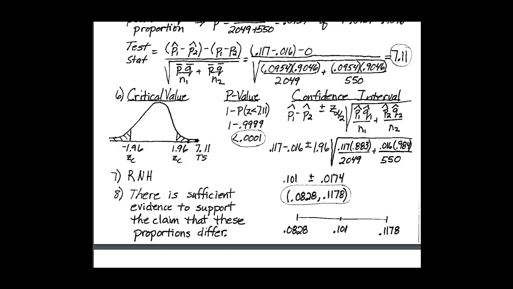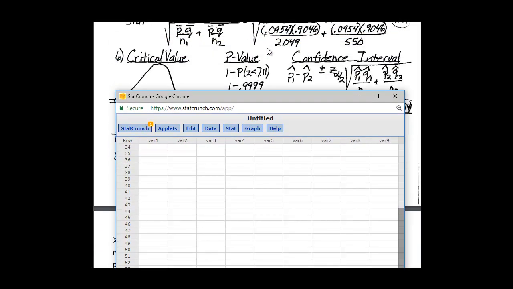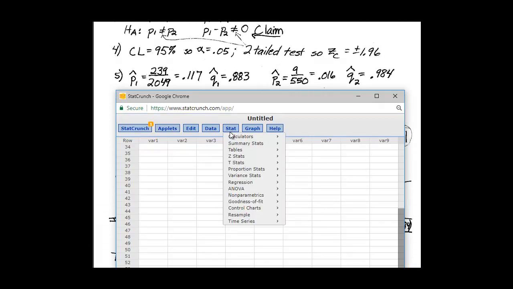Okay, so we'd want to do this on StatCrunch, or I know you guys want to do this on StatCrunch. I'm going to slide this down a little bit so we can see our data as I'm putting it all in. I'm going to go to Stats, then Proportion Statistics, but this time we're going down to 2 sample with Summary.